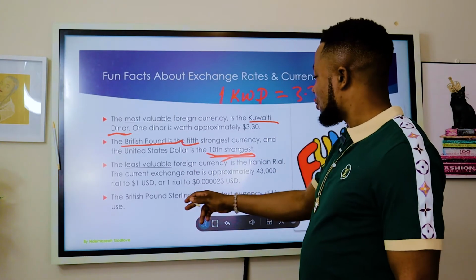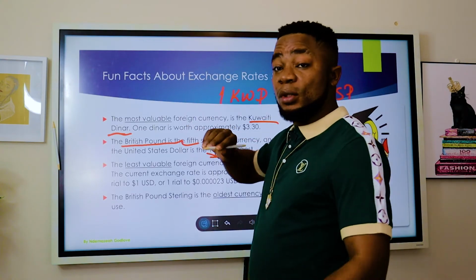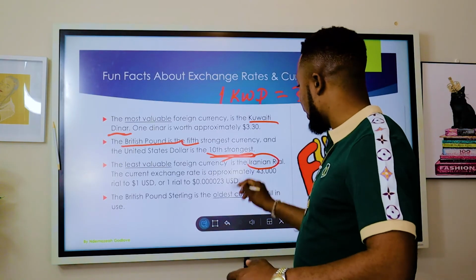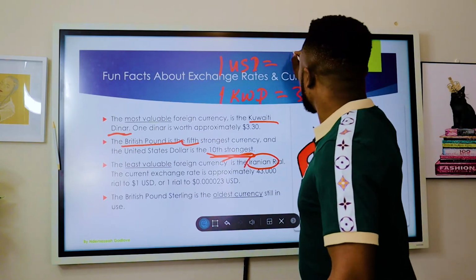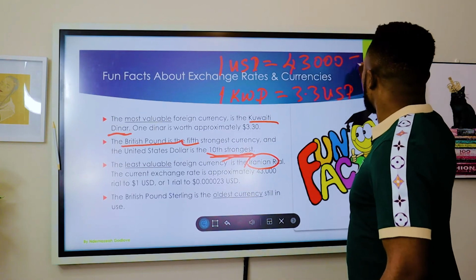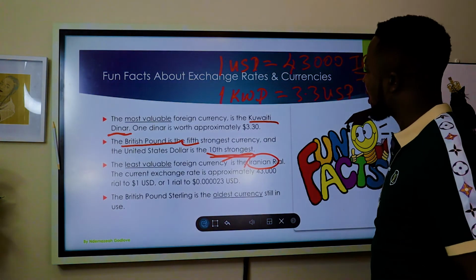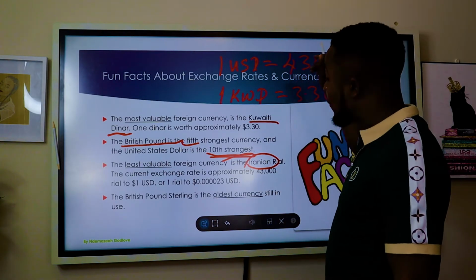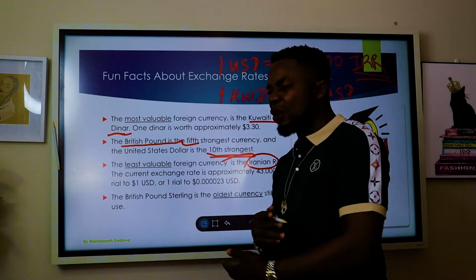If you go to Iran and you exchange 1 USD, you have 43,000 Iranian rial. So 1 USD is equal to 43,000 Iranian rial. You see how weak this currency is.